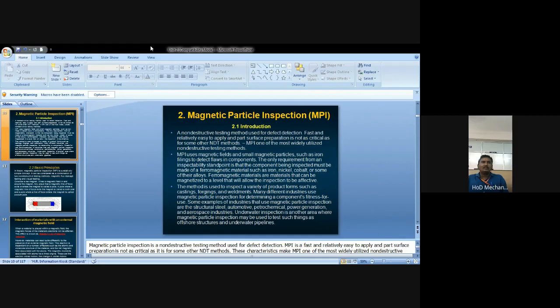the research centers for space, that means ISRO, the Indian Space Research Organization in India, and also space research organizations across the world. The automobile industry uses the MPT method the most, because most of the components in an automobile's structural design are made of ferromagnetic material.